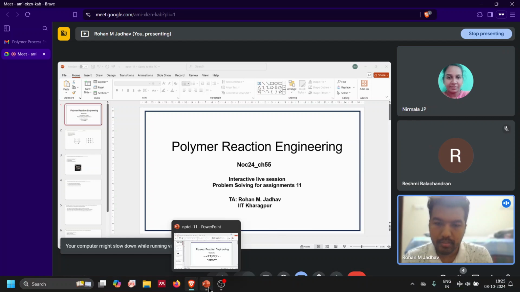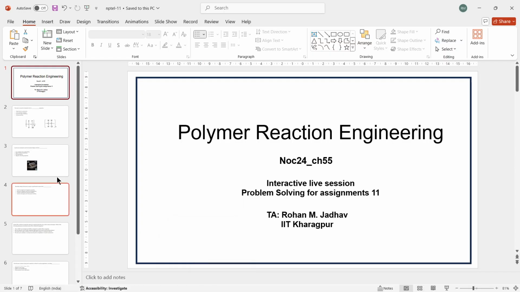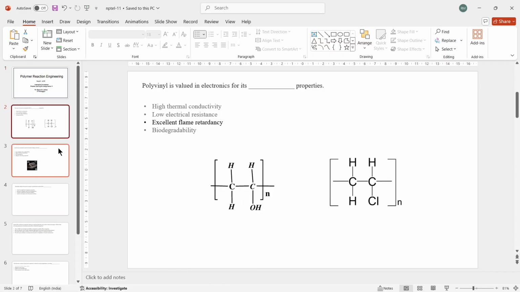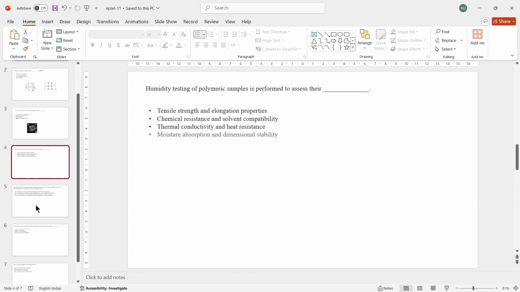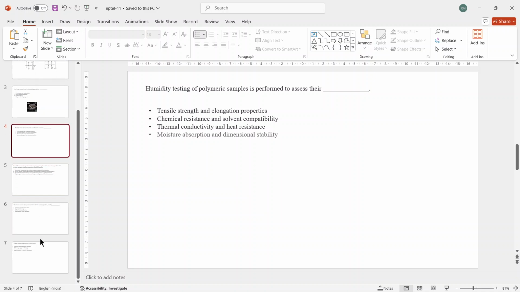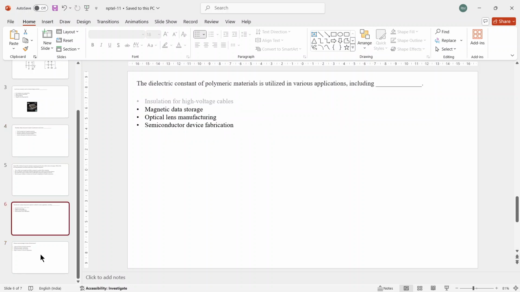So the dissipation factor basically is related to the dielectric properties of the material itself. The amount of dielectric loss is what is defined by the dissipation factor, if you look at the standard definition of that. With respect to polymers, as the question shows, the dielectric constant of polymeric materials is used for various applications, including which one.